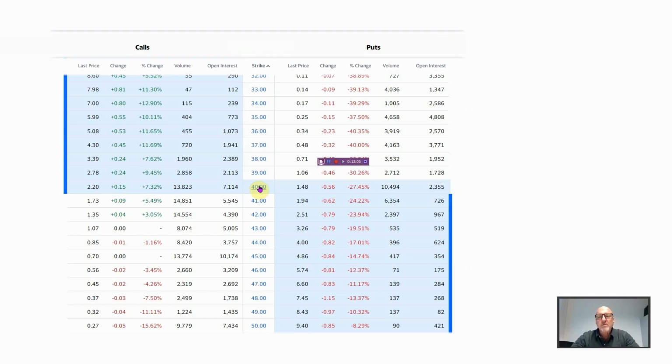And when it expires worthless, then at some point on Saturday or Monday, the option will show that it's closed, right? So the other thing that can happen is that you can choose somewhere between the time you sell it. Let's say you sell this on Monday for $148, and then if the stock goes up, the price of this option will go down.